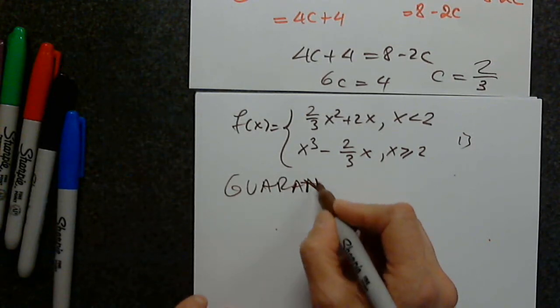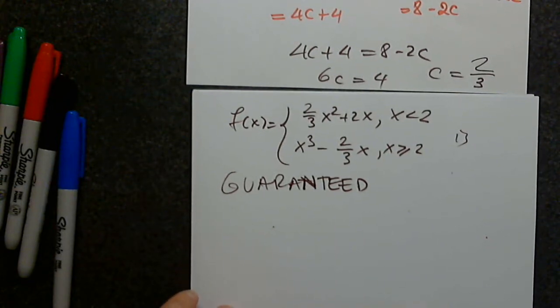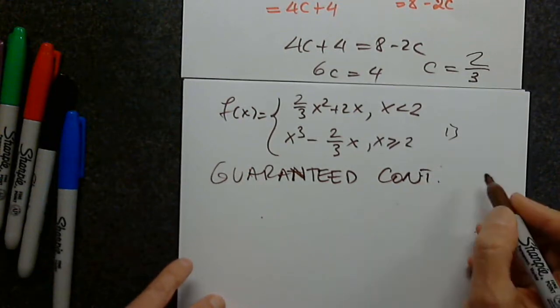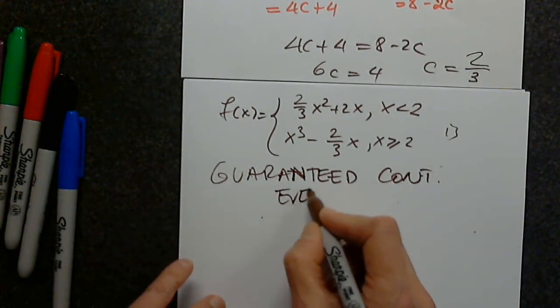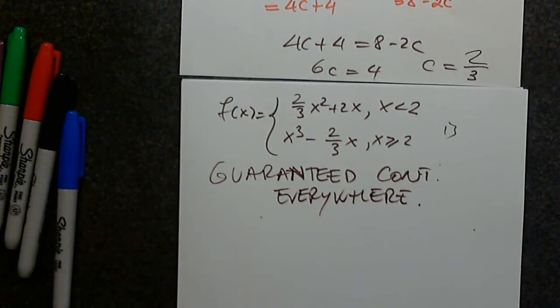Guaranteed what? To be continuous. Continuous everywhere. Guaranteed. We made it happen. And there is no other c value other than 2/3. This is the only one that will make this function continuous everywhere.